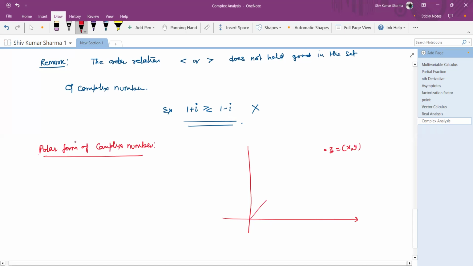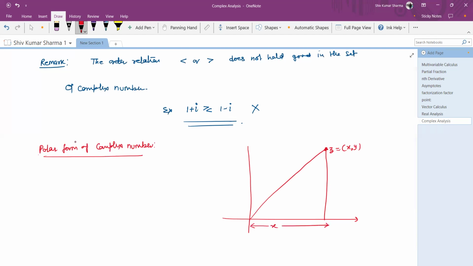So here we have the point z. So this distance we write down as x, and here we take y, and this is the radius r, making angle theta with this.